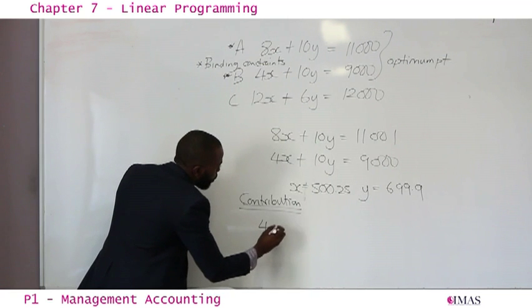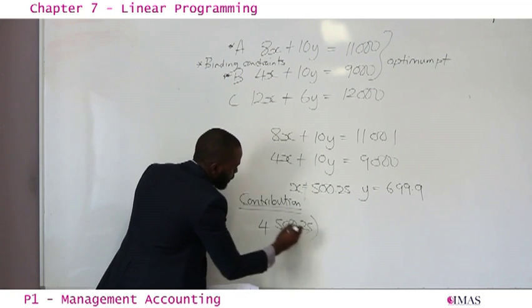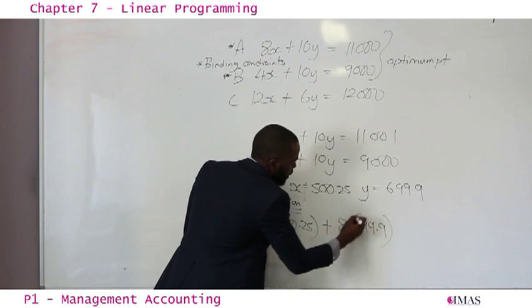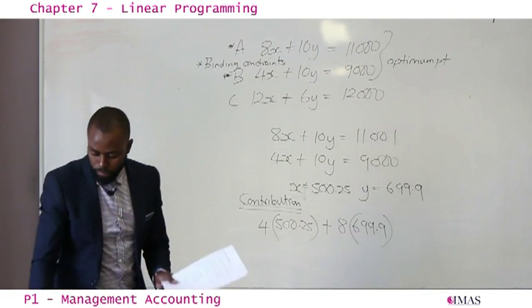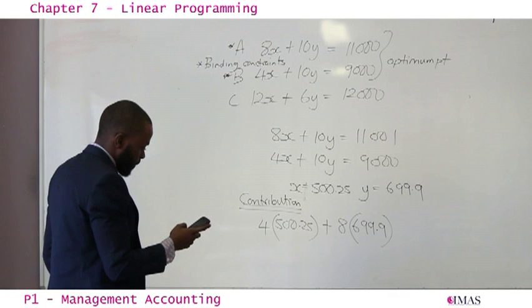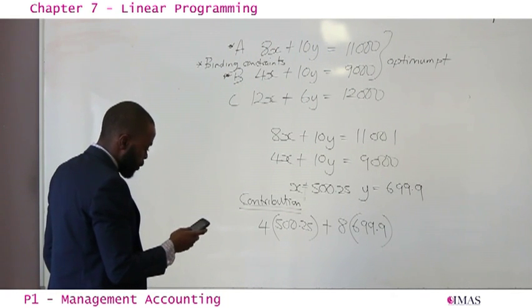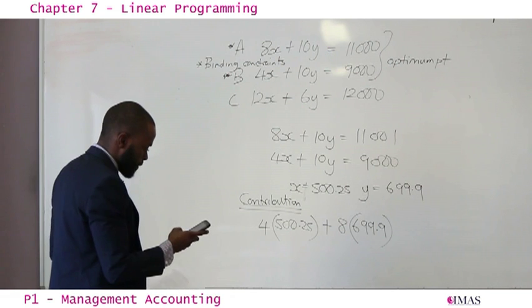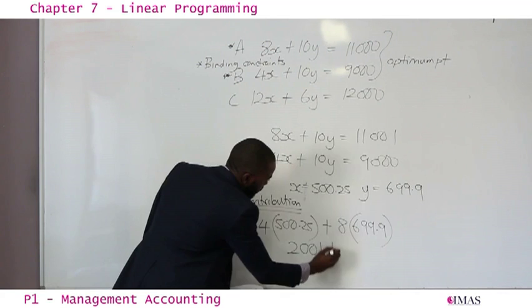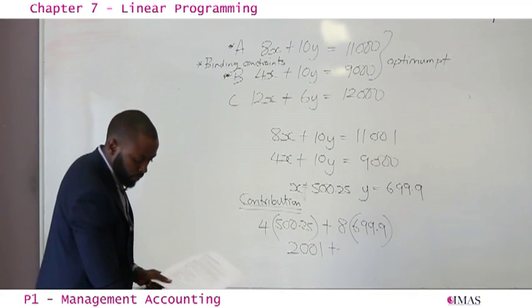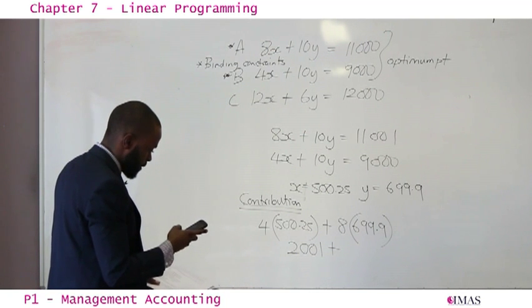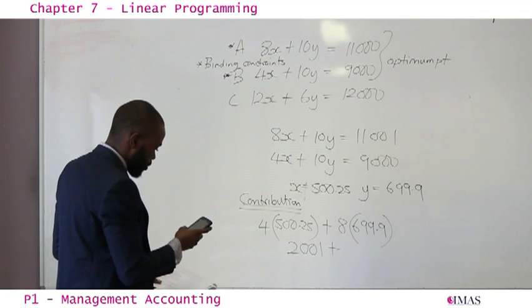So here we take 4 times 500.25, that's 2001, plus 8 times 699.9, plus the 2001.